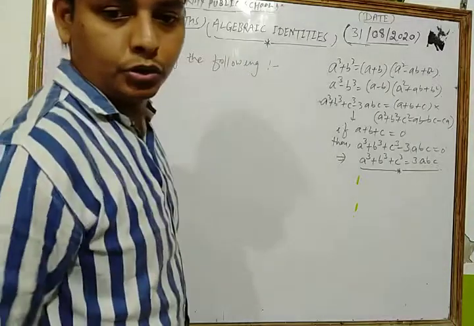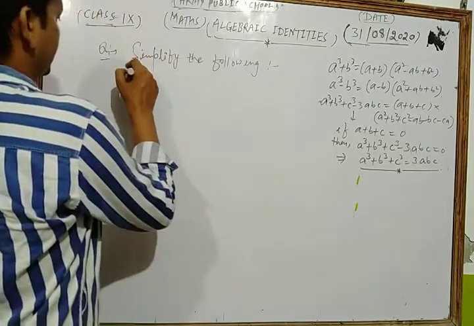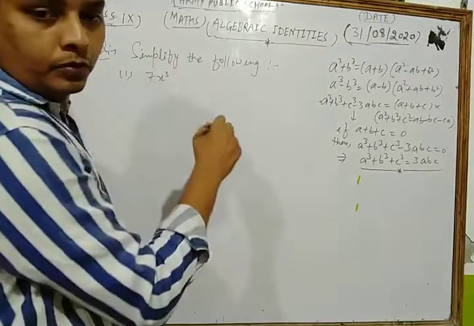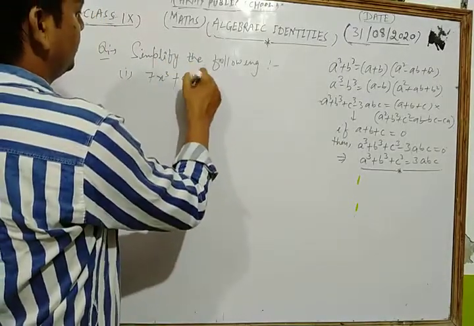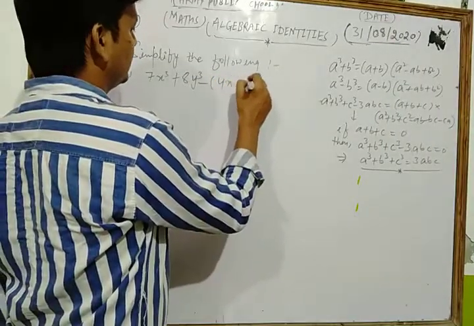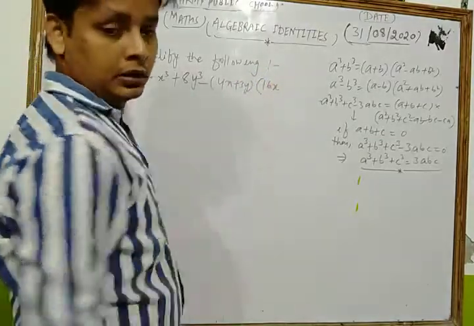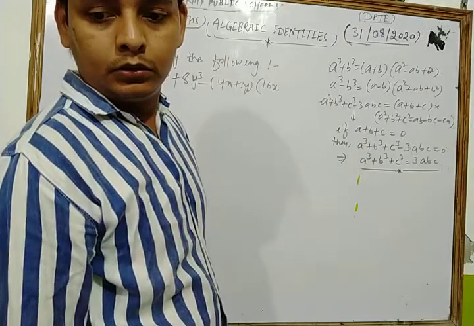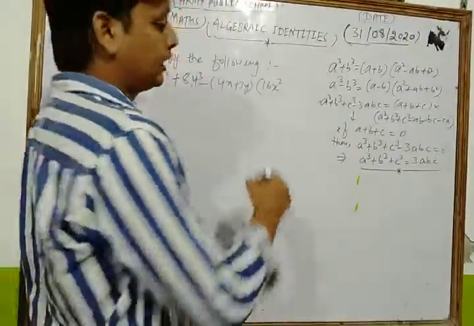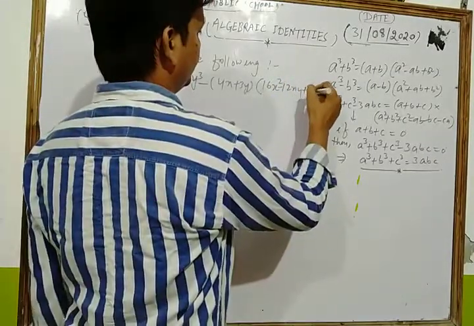Your question is: the first part of this question is 7x cube plus 8y cube minus, in one bracket 4x plus 3y, in another bracket 16x square minus 12xy plus 9y square.